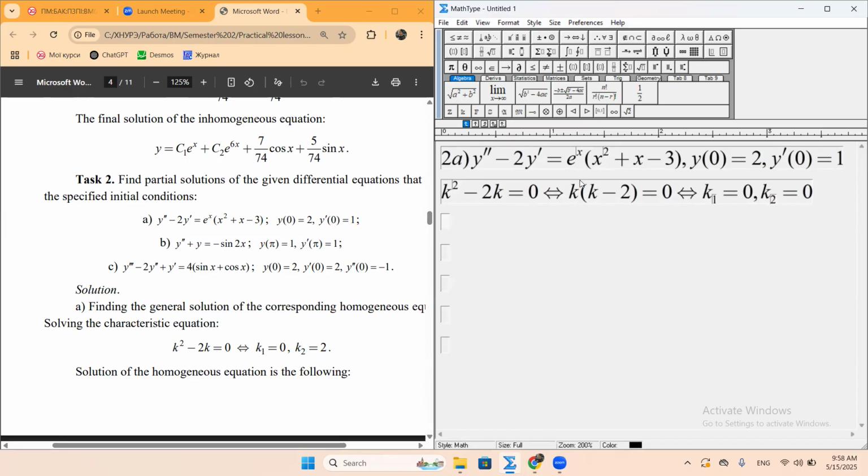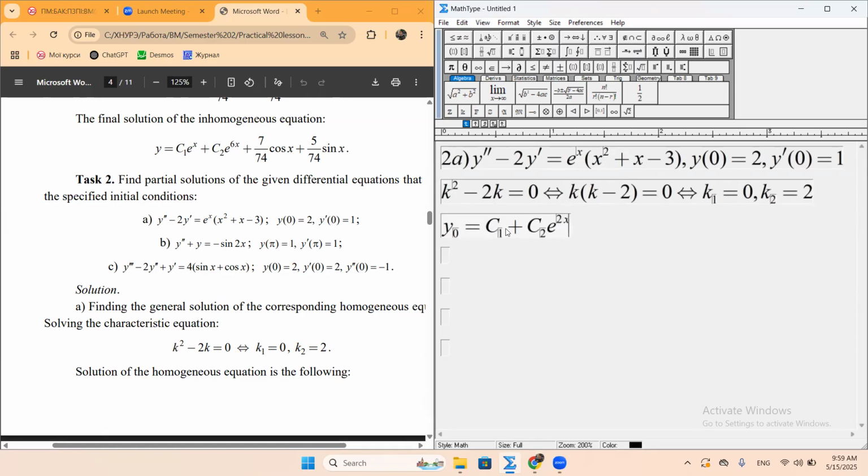So the general solution will be the following. Not the general solution, the solution of the homogeneous equation: C1 plus C2 e to the power of 2x.